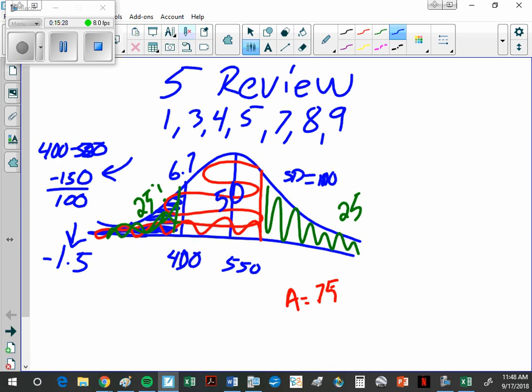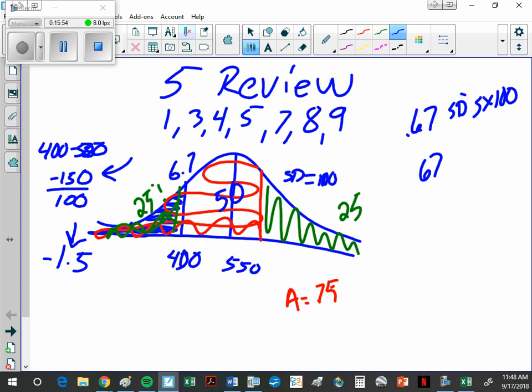0.66, 0.67, somewhere in there, 0.67. And what do I do with that 0.67? This is 0.67 SDs, but I don't want to know SDs. I want it to be an SAT score. So I multiply it by 100, and then I get 67.